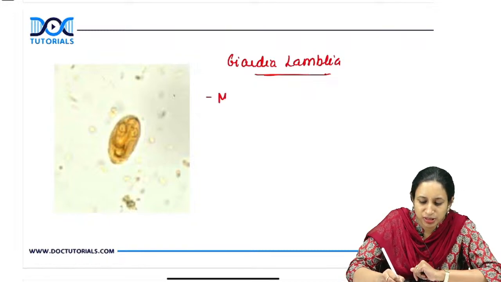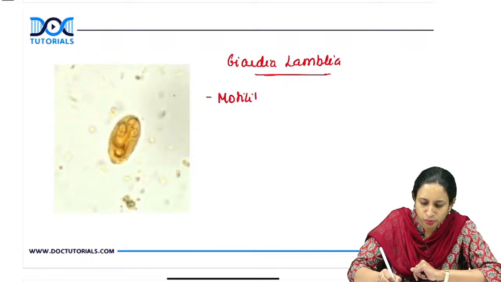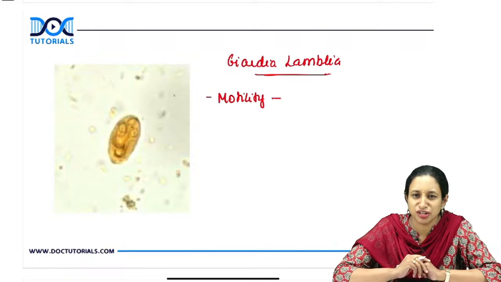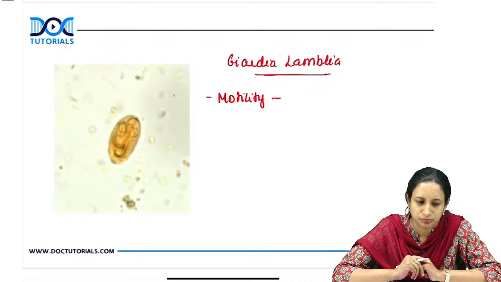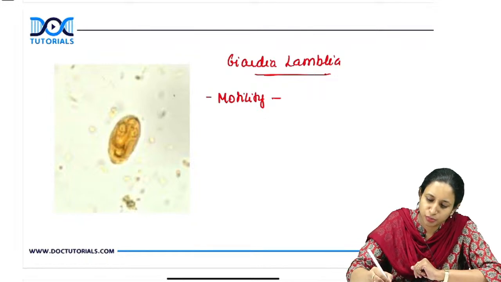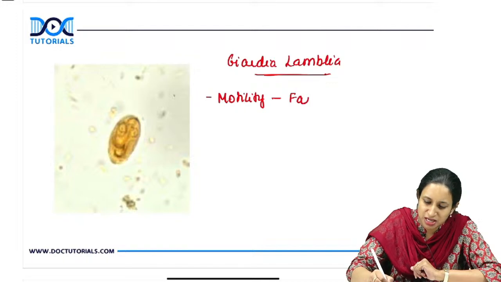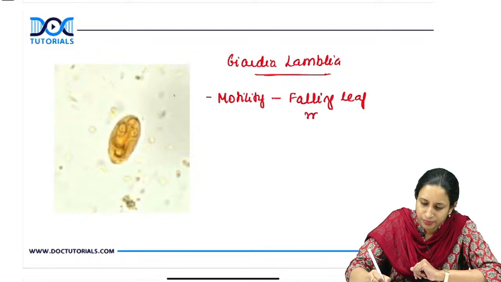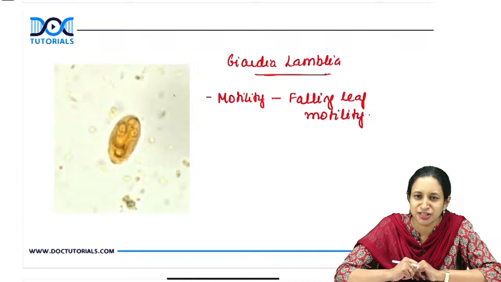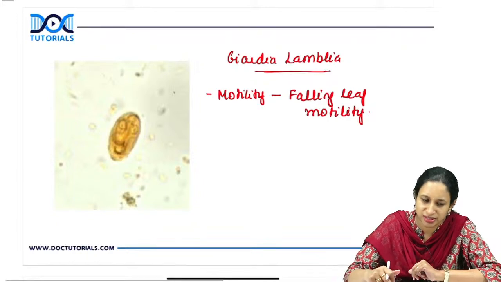And it is the motility that is very important for you to know. What is the motility of Giardia lamblia? The motility is considered to be falling leaf motility. Falling leaf motility is very important for you to remember for Giardia lamblia.